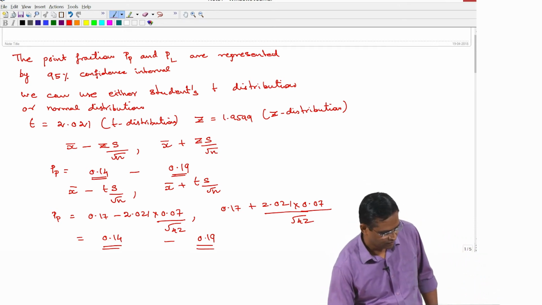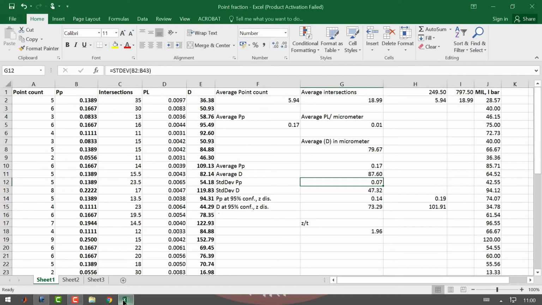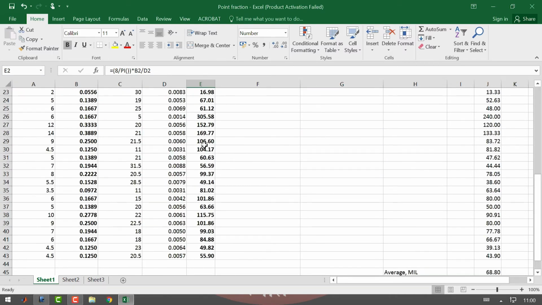Now we can go back to the Excel sheet where we have also computed this average diameter D. For each case we have calculated this D for all 42 events, you can see that.